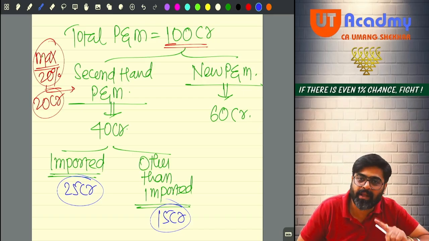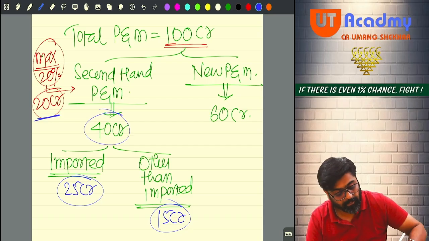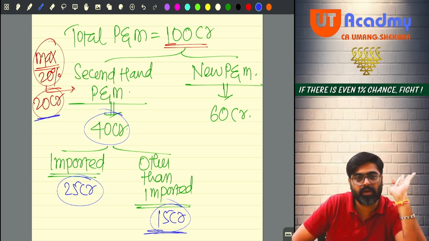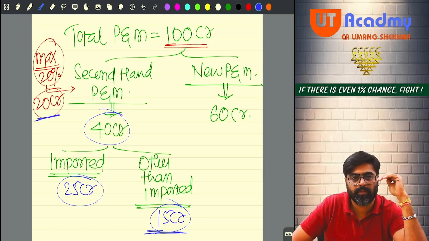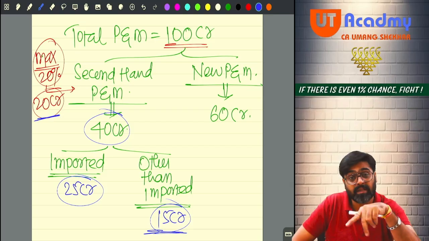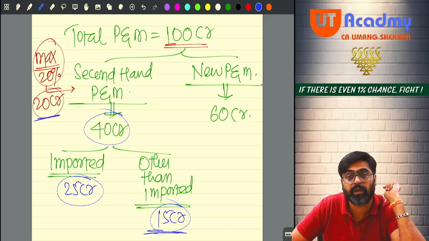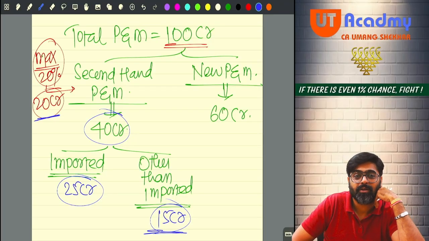So now when you compare, this 20 crores, don't compare with 40, compare with 15. Because whatever imported second hand plant and machinery is there, that is okay. No problem in that. But other than imported, whatever second hand plant and machinery there is, that cannot be more than 20% of the total investment in plant and machinery. So now, will you get the 35AD deduction? The answer is yes. Because second hand is only 15 crores, which is less than 20.